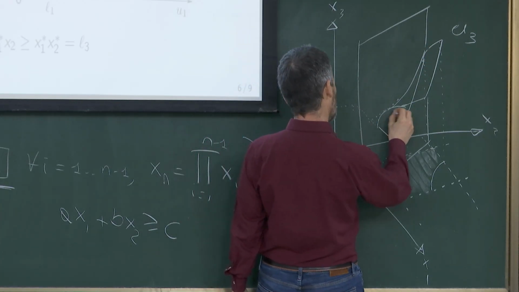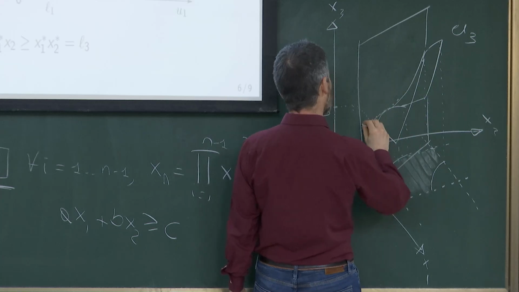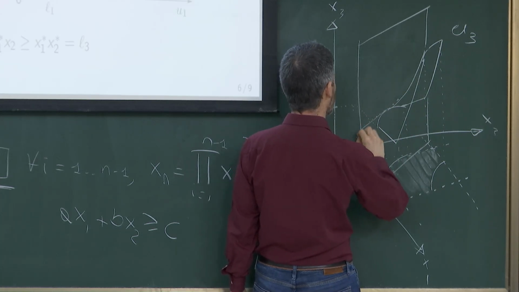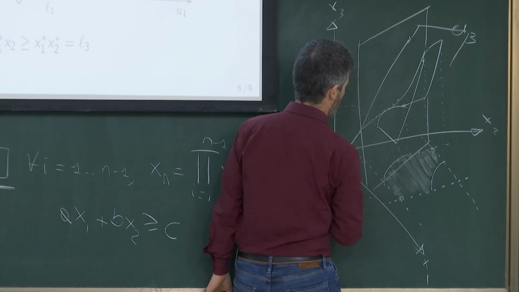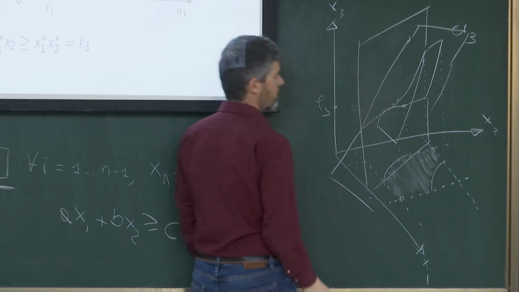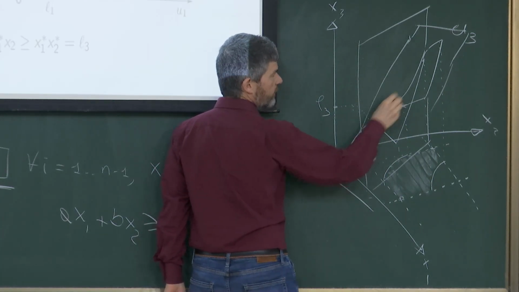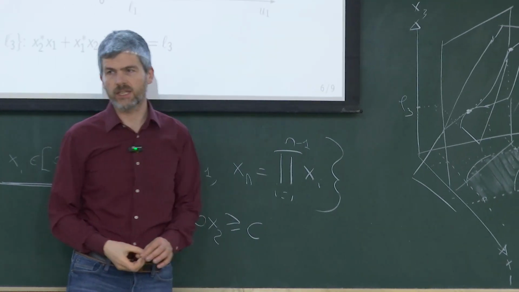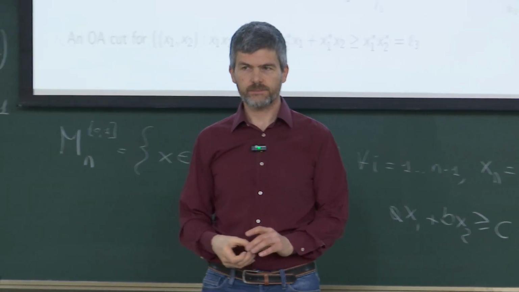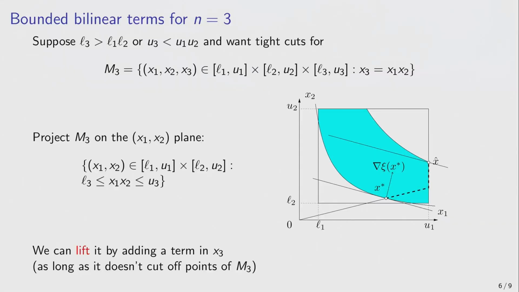It will rotate like this, I guess, and it will be something like this afterwards. So at that point, it will touch this curve down here and this other curve up here. And it won't cut off any point in the feasible set. This is a graphical explanation.